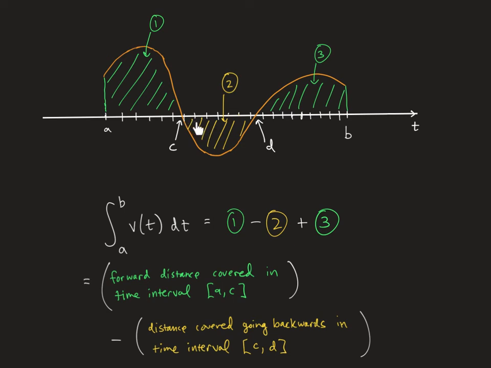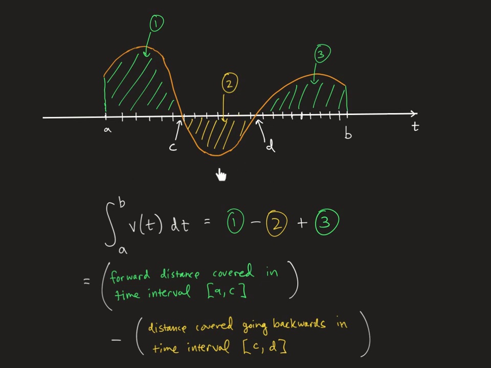But now if we move to this second part here between C and D, our velocity is negative, right? So this negative area here represents the distance covered going backwards in the time interval from C to D. In this part, our velocity is negative, we're going backwards along our one-dimensional line.